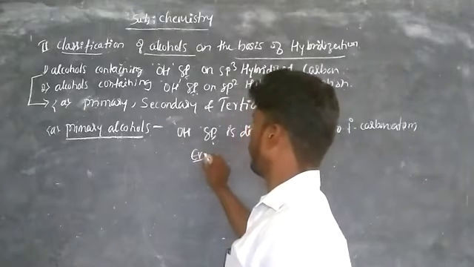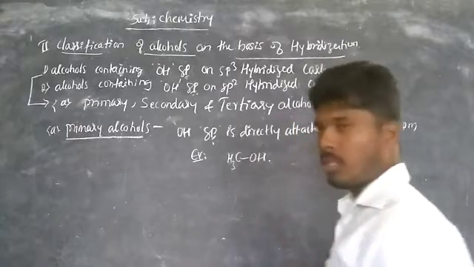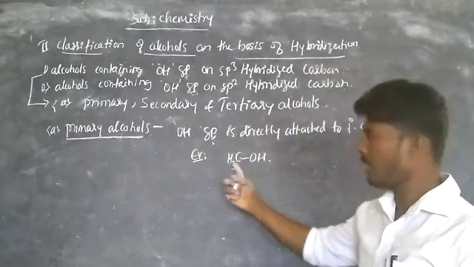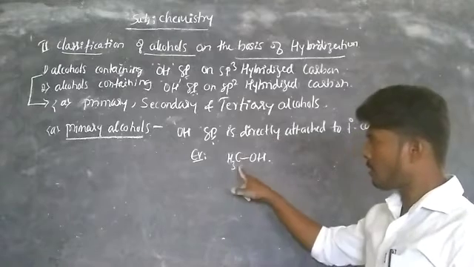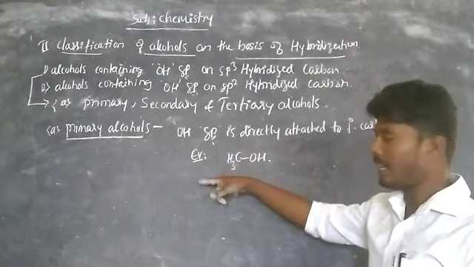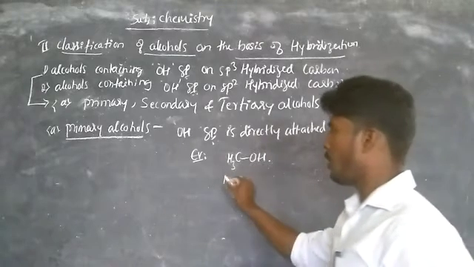Example, see here, methanol, CH3 bond OH. So this is the primary carbon atom. It doesn't contain any other groups, means this carbon doesn't contain any methyl groups or ethyl groups or any groups. It contains 3 hydrogen atoms. So this is methanol.